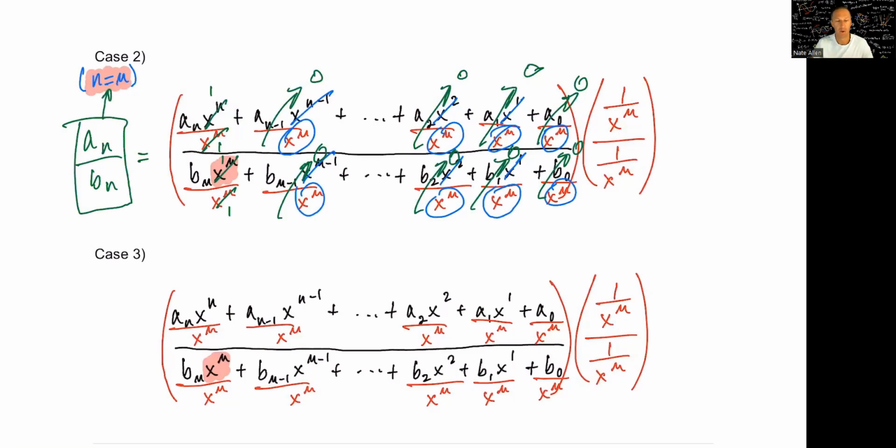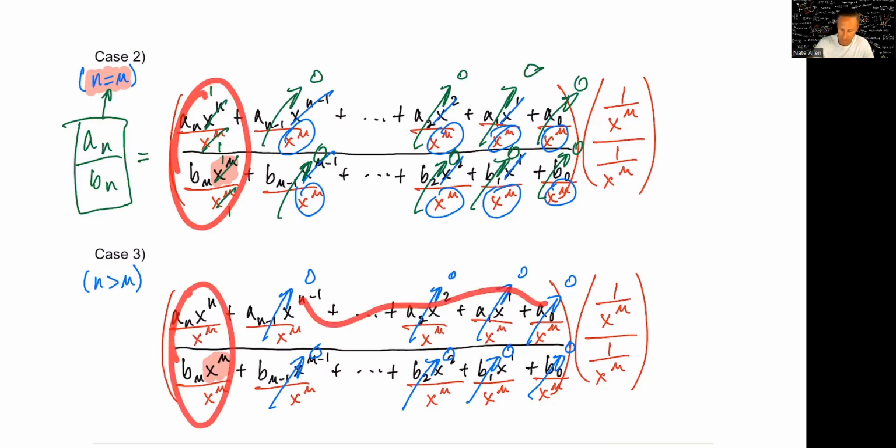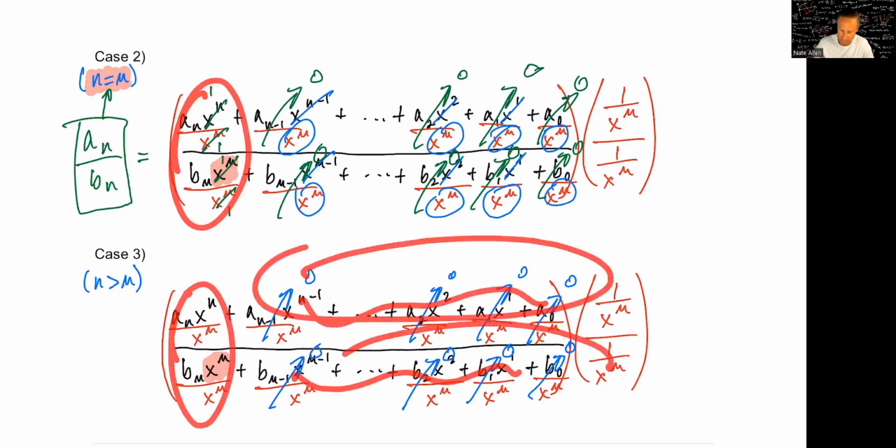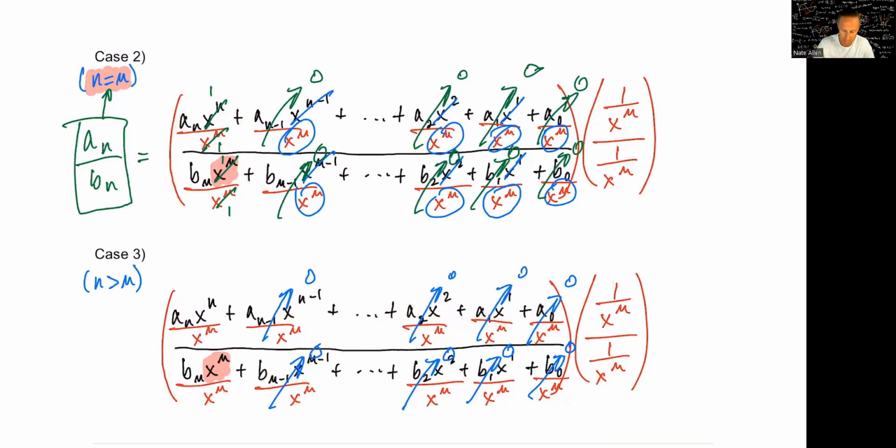Lastly, case 3 was, what if the numerator was bigger than the denominator? And we did all the same things. Notice why we're only focusing on the highest, because everything else would just become zeros. But this time, the numerator's power is bigger, which means all of the bottom would cancel out, and we'd still be left with at least 1.